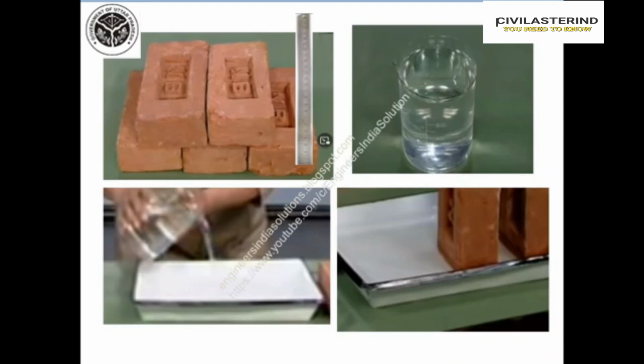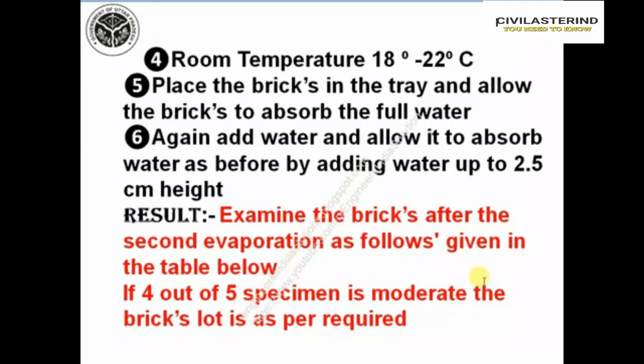So finally, assuming that we have given it maximum time to absorb the water and maintaining the room temperature at about 18 to 22 degrees centigrade, we have again added water up to a height of 2.5 centimeter.